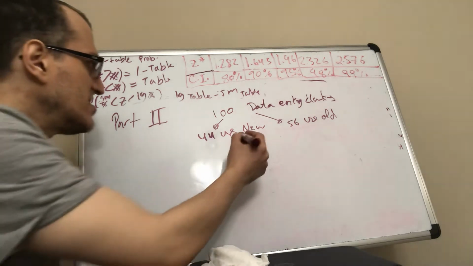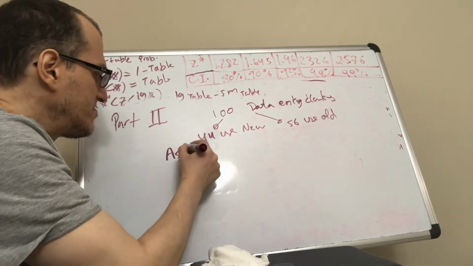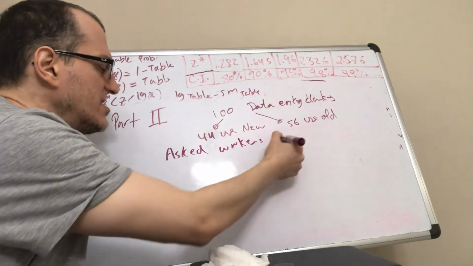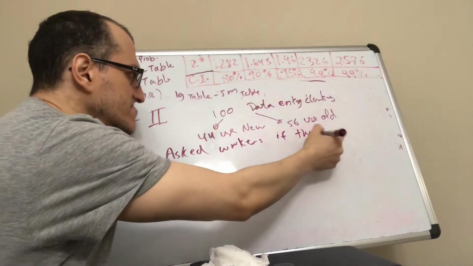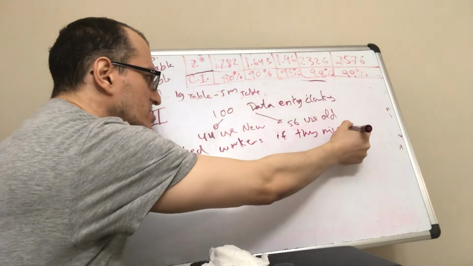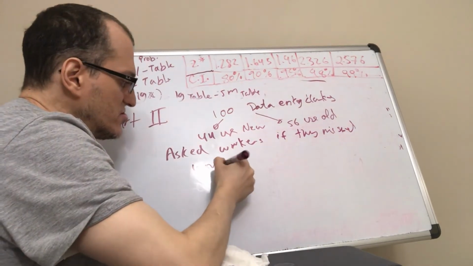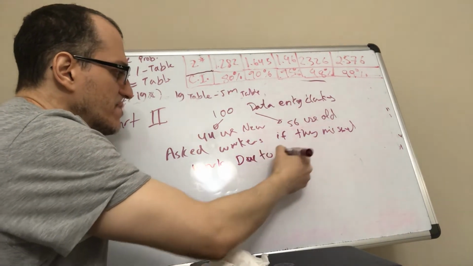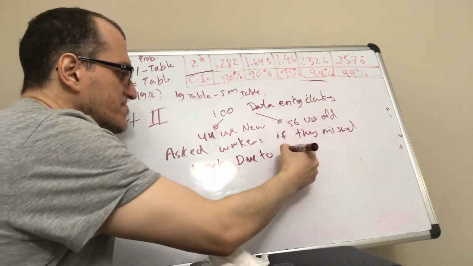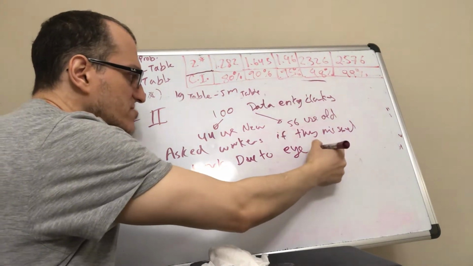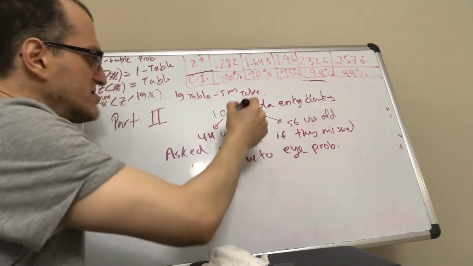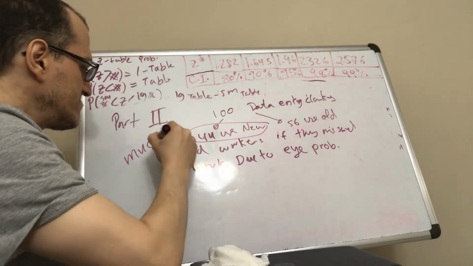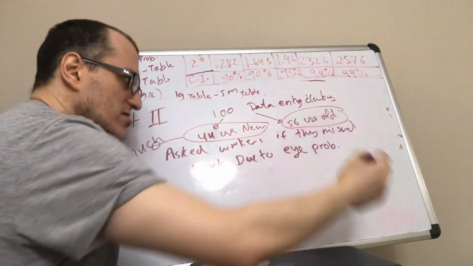So they asked workers if they missed work due to eye strain or eye problems. And this one, the people using new, was much less than the people using old.